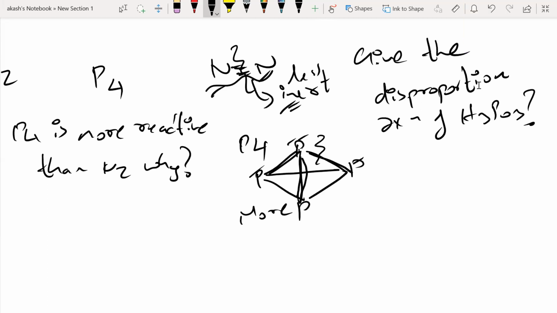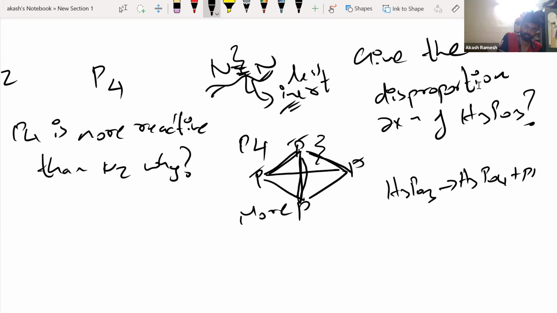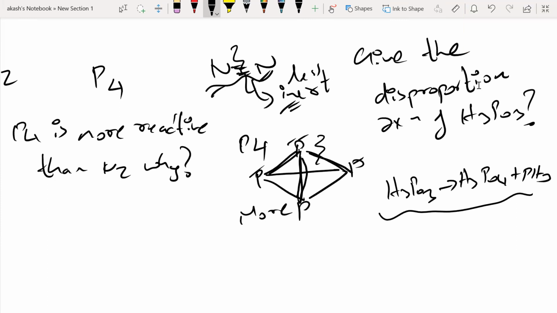H3PO3 gives H3PO4 plus phosphine, PH3. Yes, correct. How will you prove that this is a disproportionation reaction? Because H3PO3 has +3 oxidation state.